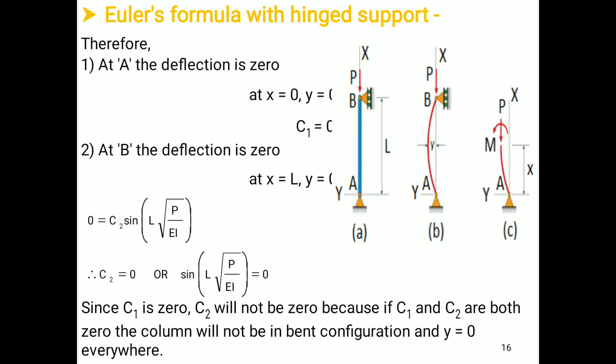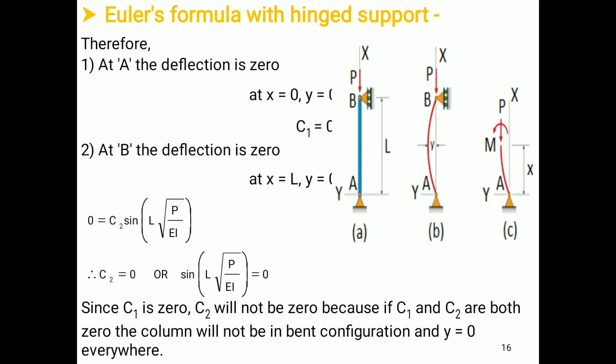Now we will move to the second end condition. At end B the deflection is also 0. See here, at end B, x = L and the value of y is also 0.